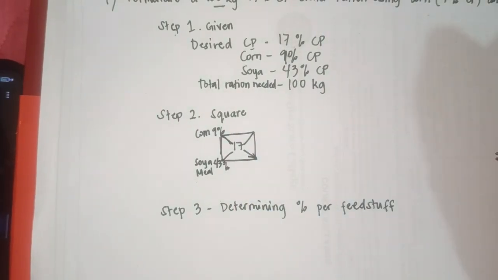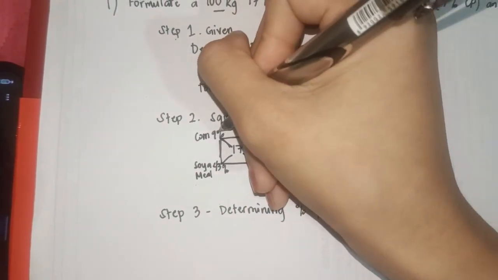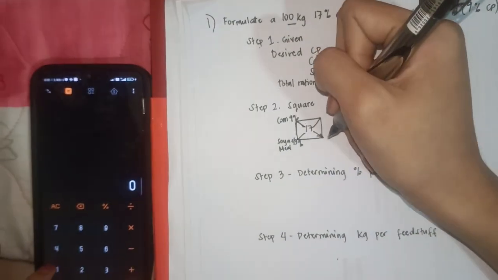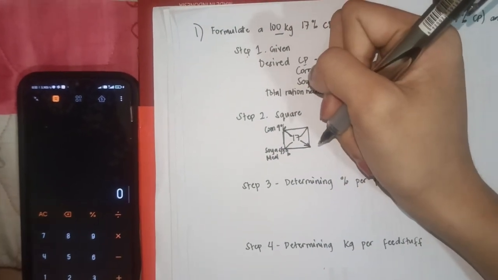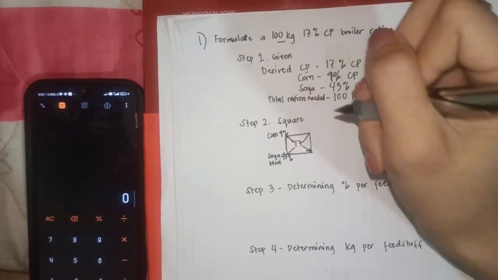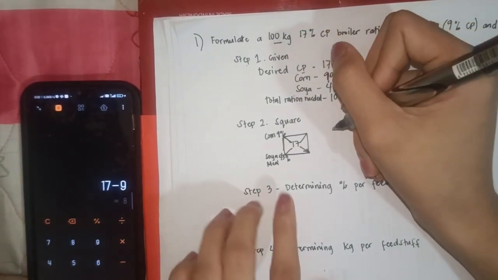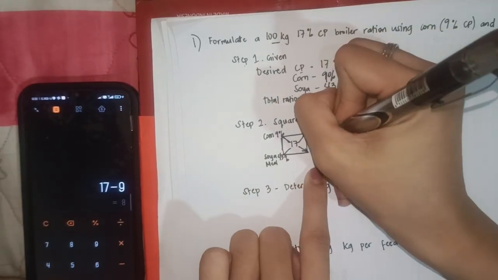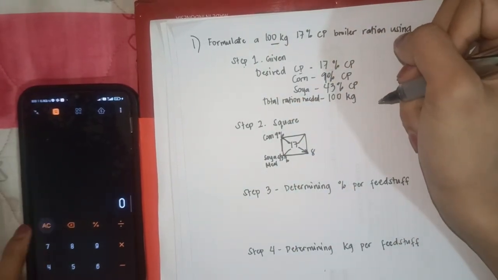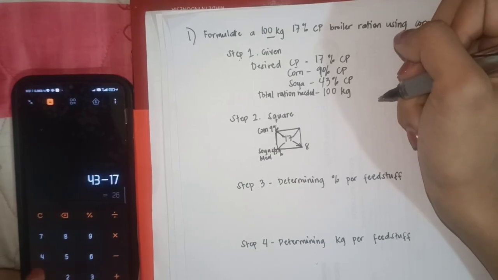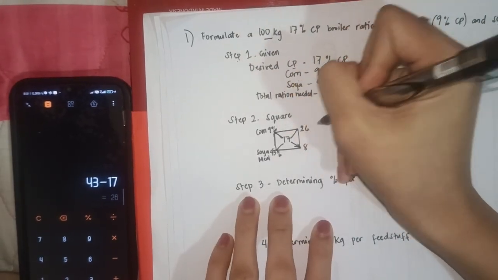So 9 minus 17, or you can do 17 minus 9, it doesn't really matter. If the answer is negative, you just remove the negative sign. So 17 minus 9 is 8, and for the soya meal, 43 minus 17 is equal to 26.